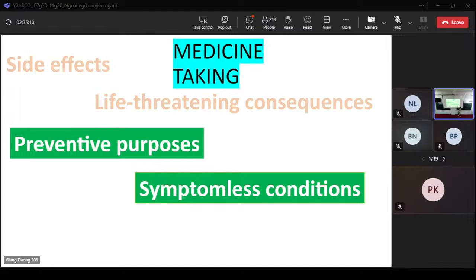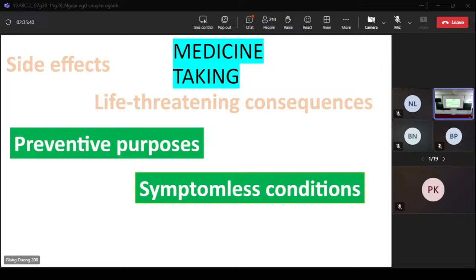Symptomless conditions. Hypertension is an example of symptomless conditions. At first, you cannot identify symptoms appearing from high blood pressure. And then when it got worse, you may have to use more than enough medicine to deal with the problem.